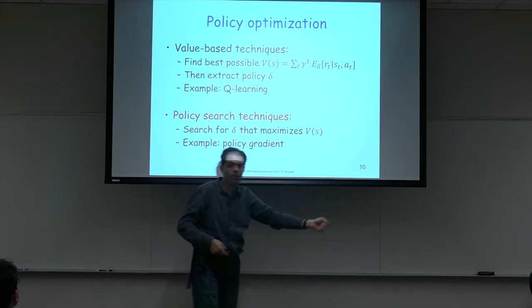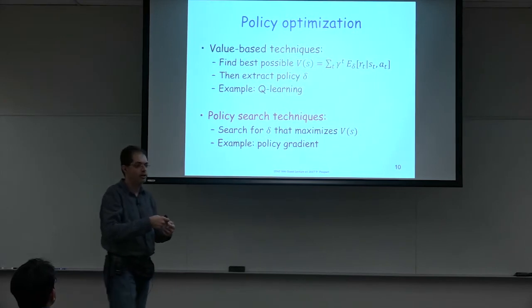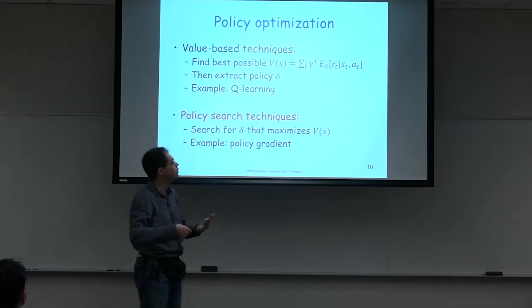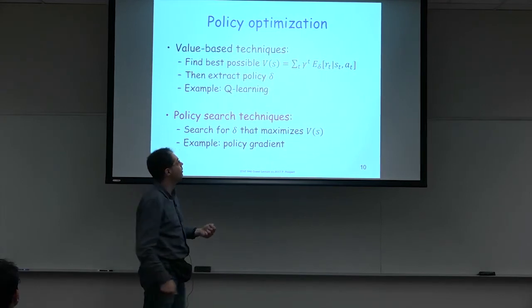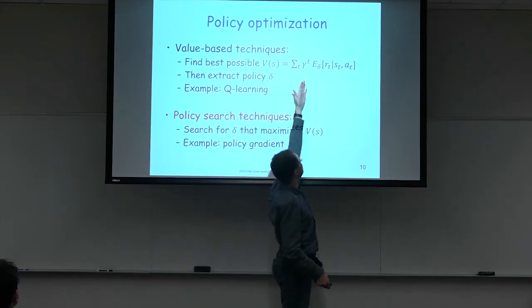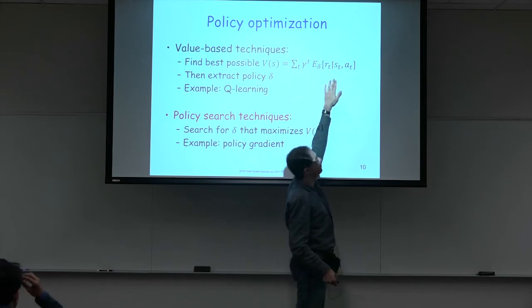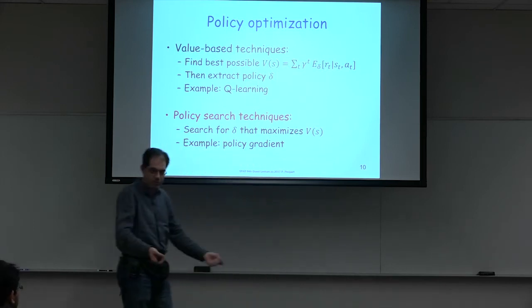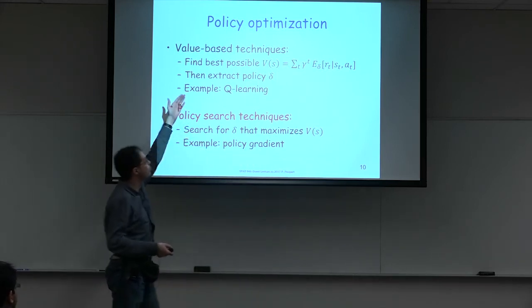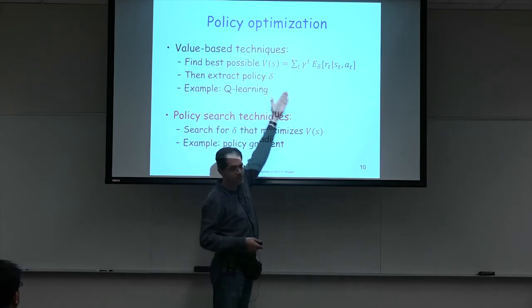But then those rewards depend on the policy, and they also depend on some transition function in the environment to see how the state is going to evolve. So here I'm simply going to write the expectation of that reward based on the current state and the current action. Okay? So the objective is essentially to try to find a policy that gives us the best value function like this.